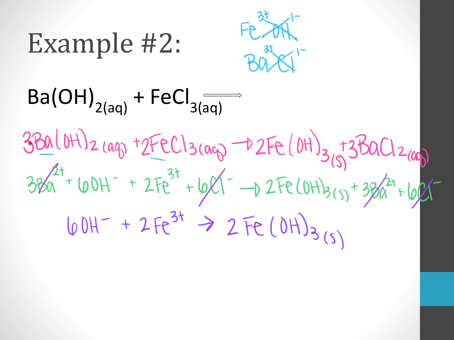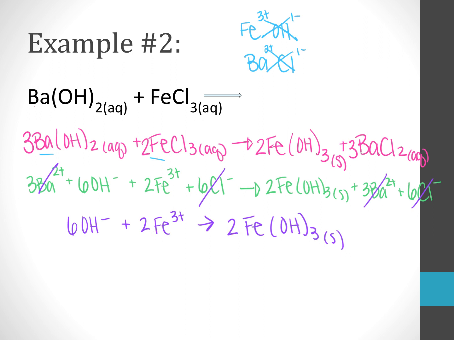And then if you balance it at the beginning and you keep track of your numbers throughout, this should be balanced for you at the very end. So now let's just confirm. So we have 6 hydroxides on the left side. What's 2 times 3? 6. Okay, so 6 on the right side. We have 2 irons on the left, 2 irons on the right.